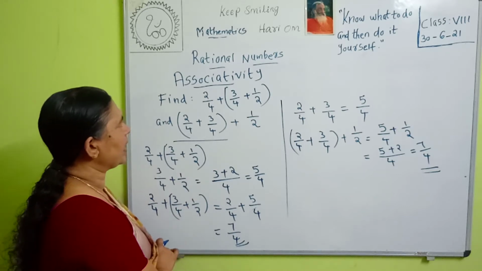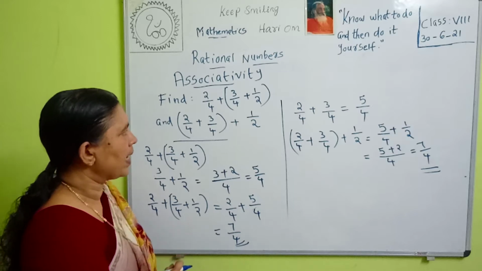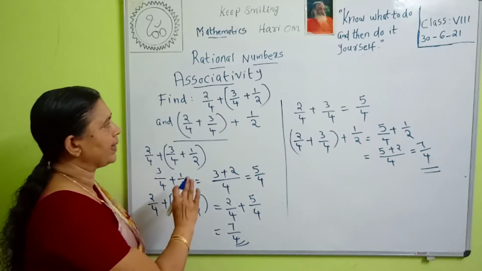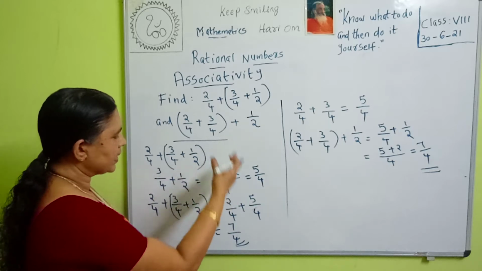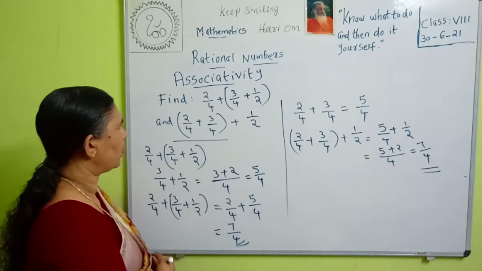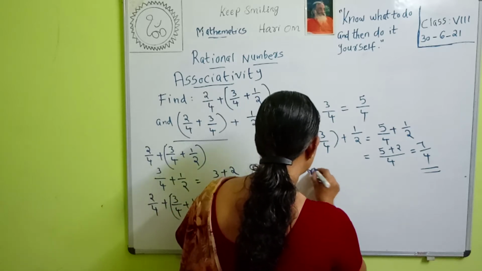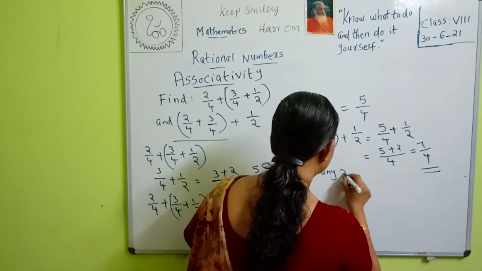So for any rational numbers A, B and C, A plus B plus C is equal to A plus B plus C with the brackets placed differently. That is, we can add the numbers in any order and the sum remains the same.